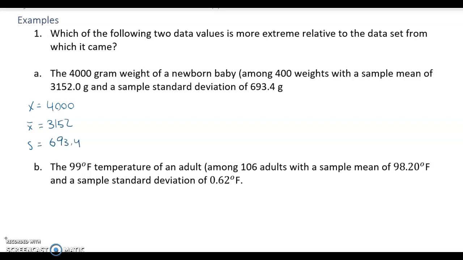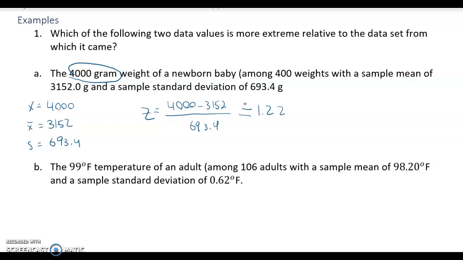We can now fill in our z-score formula. 4,000 minus 3,152 over 693.4. We get a z-score of 1.22, meaning the baby with a weight of 4,000 grams has a weight that is 1.22 standard deviations above the mean baby weight for the sample.